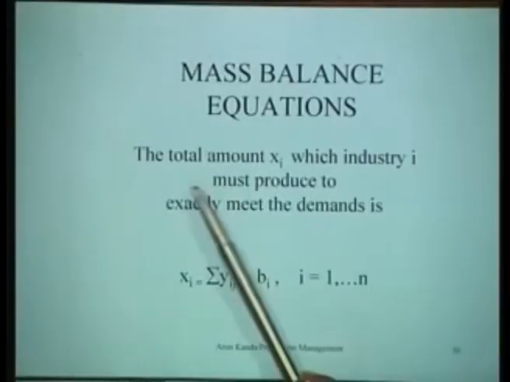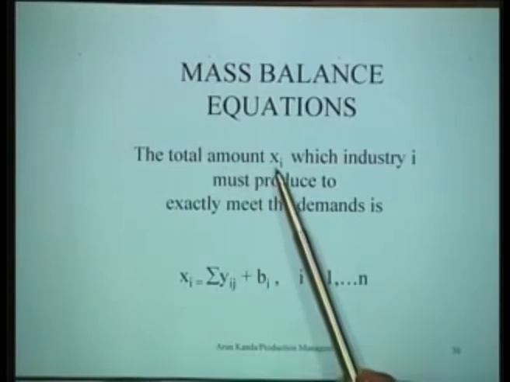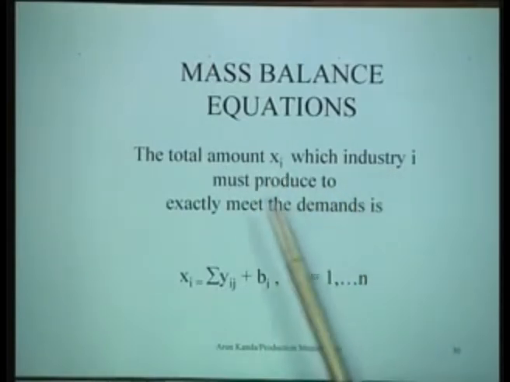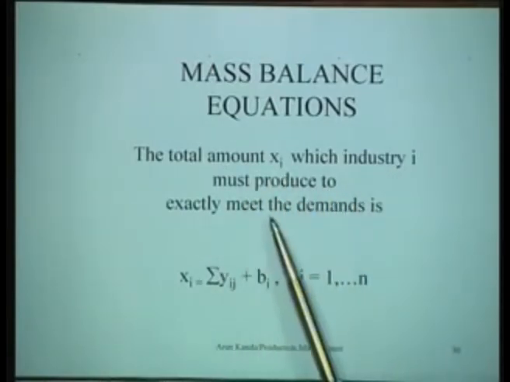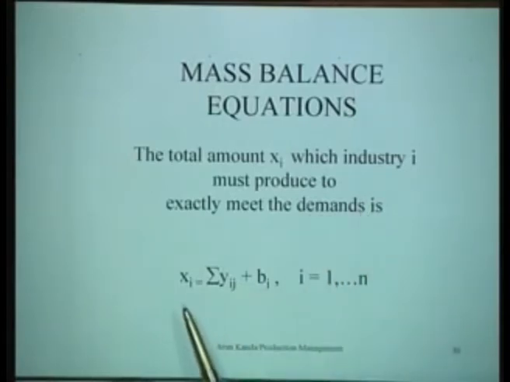So, if you look at this, we can apply a simple mass balance equation. The mass balance equation, for instance, would be: the total amount Xi which industry I must produce to exactly meet the demands is Xi equal to summation Yij plus Bi.